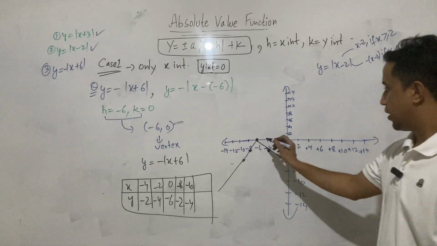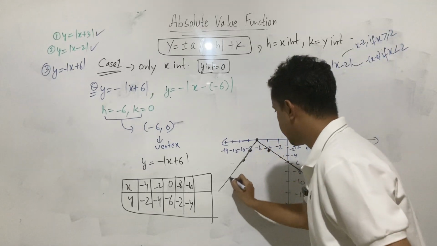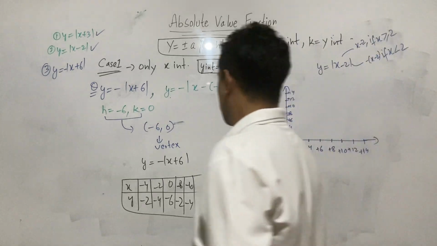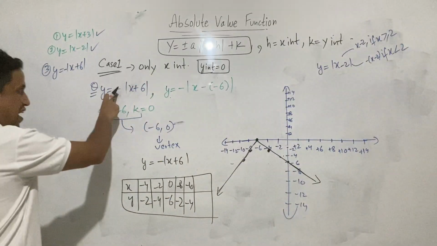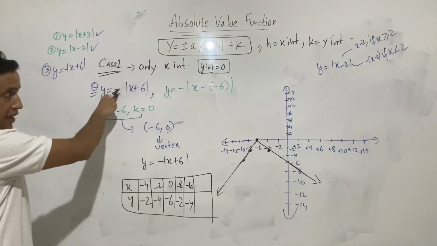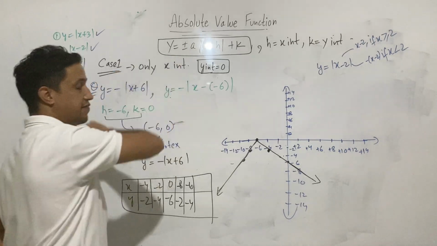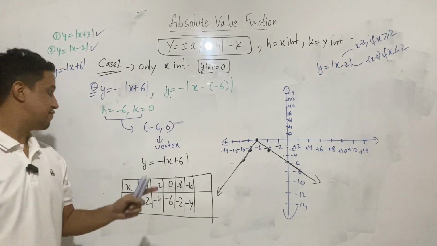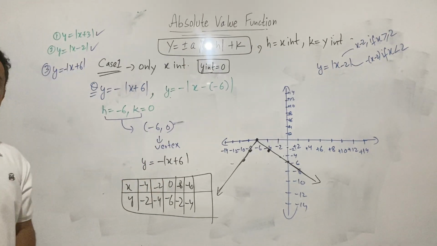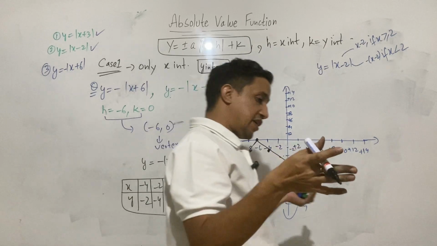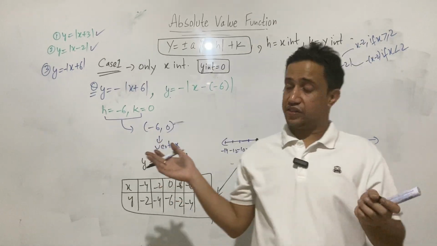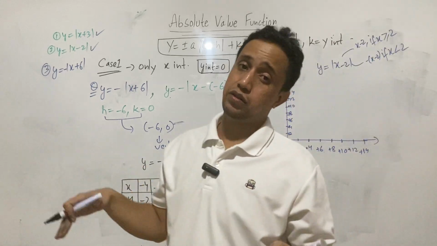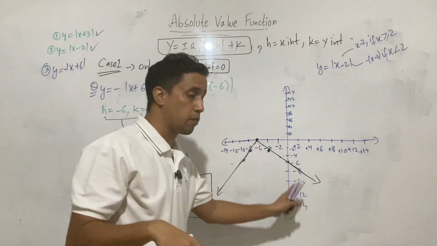Now see here, as you can see, because here we have negative, and you know that if you have negative with a, then what's going to happen? Your graph will open downwards. That's why it's opening downward.